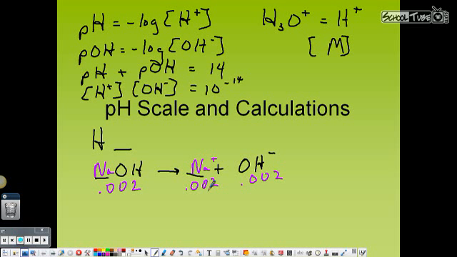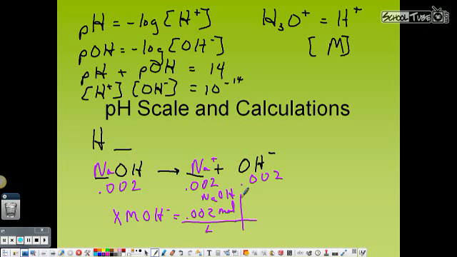Because if I want to know the molarity of the OH ion, it equals this molarity, 0.002 moles per liter. Now, how am I going to change from NaOH to OH?